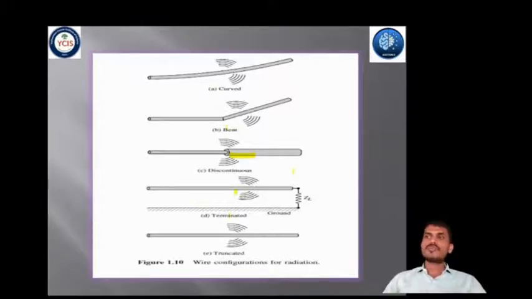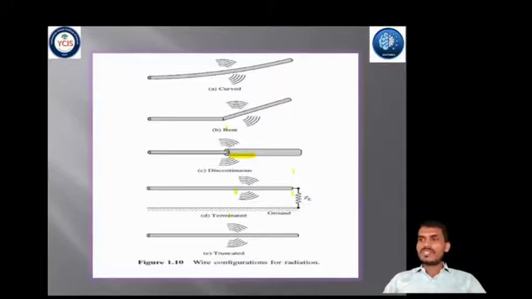Now the acceleration of the charge is accomplished by external sources, whose forces set the charges in motion and produce the associated radiated field. The acceleration of the charges at the end of the wire is accomplished by internal forces associated with the induced field due to the build-up of charge concentration at the end of the wire.